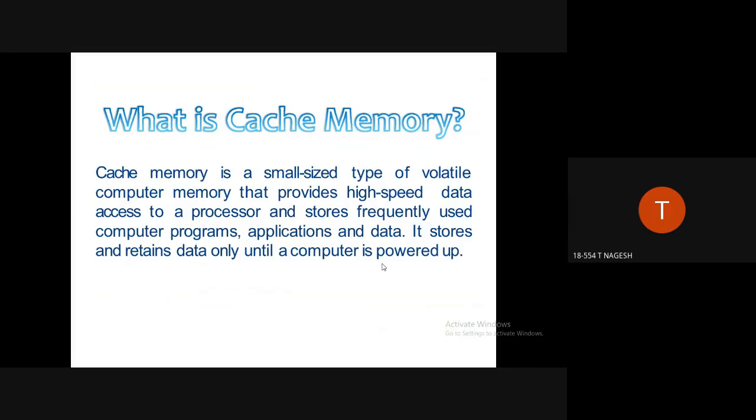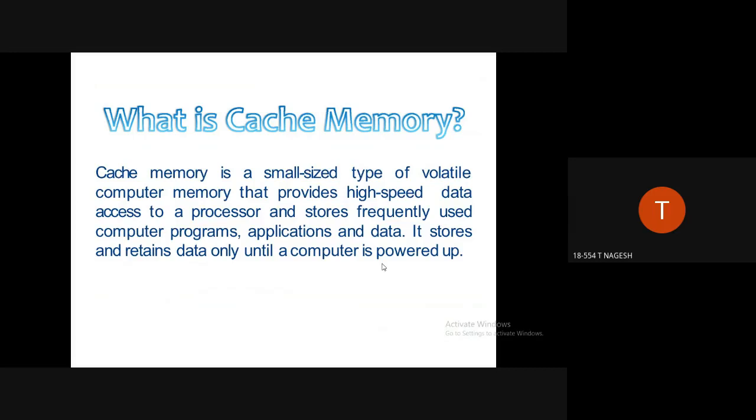It retains data only until the computer is powered on. Whatever data we store in the main memory, the frequently used data and instructions get stored in this cache memory in order to provide high speed and simple access to the processor, because every time the processor has to retrieve data from the main memory, it might take some time and might not be very reliable.